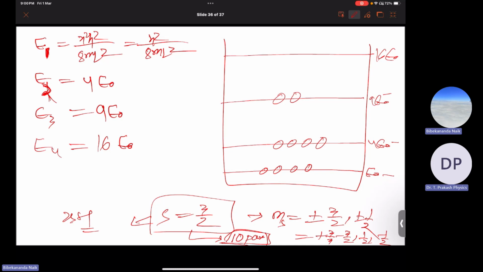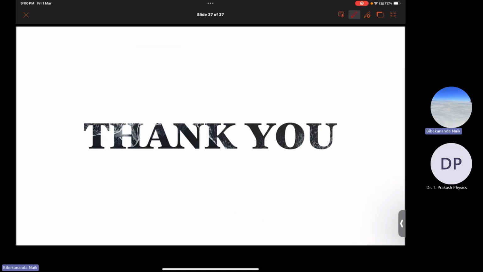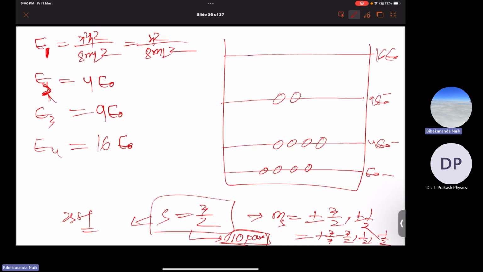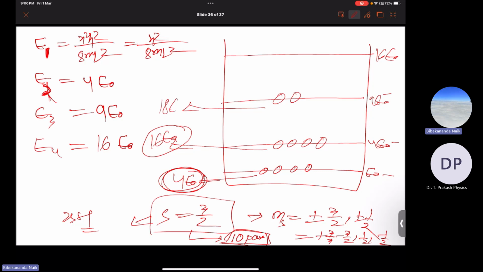So what will be the total energy? Here 4 particles each having E0 energy, so total energy in this state is 4E0. Here each particle has energy 4E0, so 4 particles have energy 16E0. Here one particle has energy 9E0, so two will have 18E0.